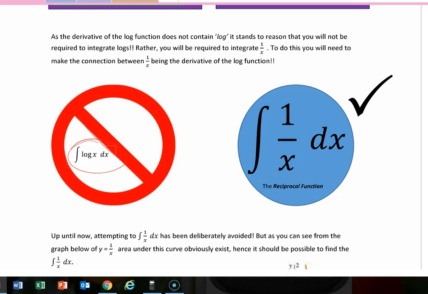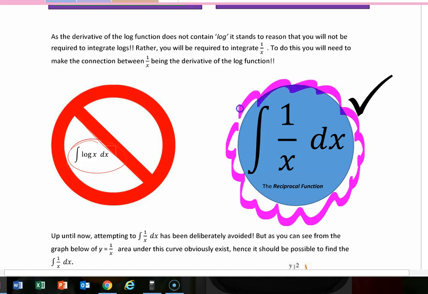So that's basically what you need to be able to recognise. There's no sign of log here, no sign, but you just have to know that where the integral of 1 on x is actually log, the log function.